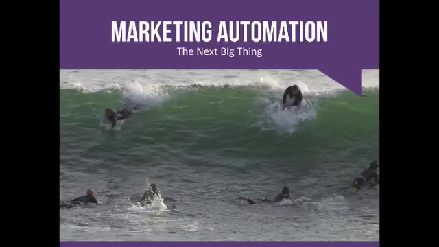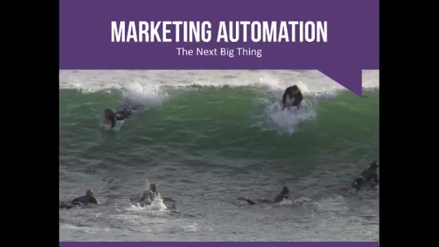And what that means is to be able to nurture prospects with highly personalized, targeted, relevant, useful content that helps convert those prospects to customers and help move those customers to delighted customers on the back end.